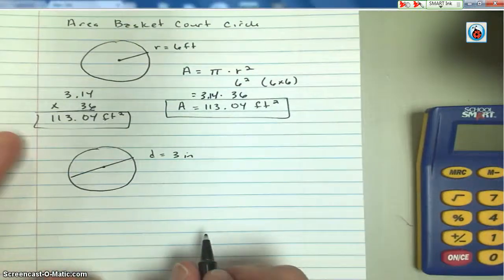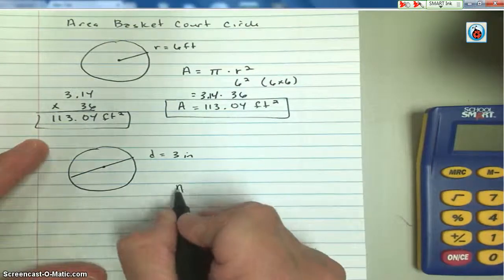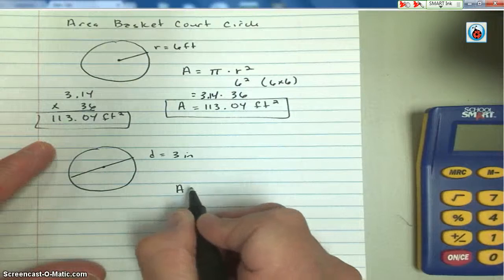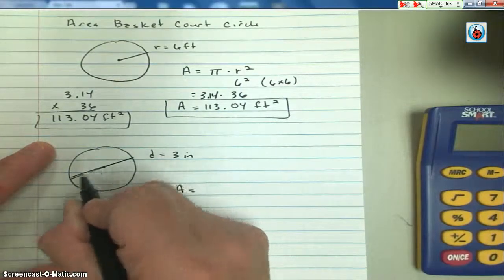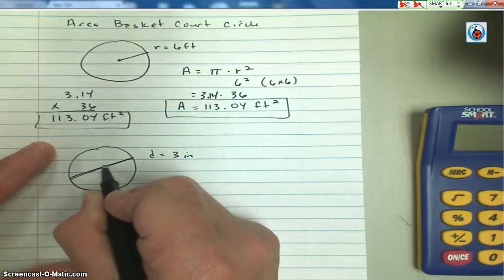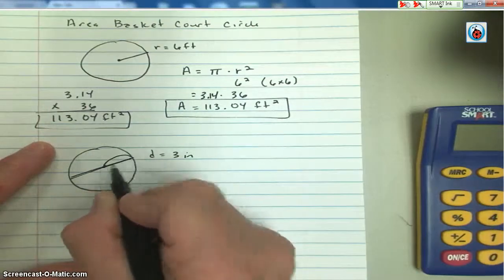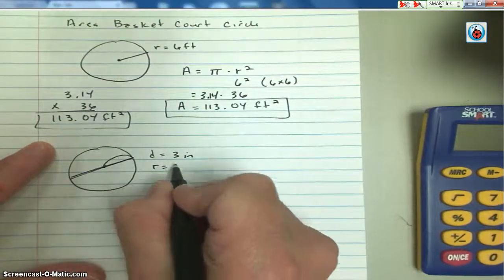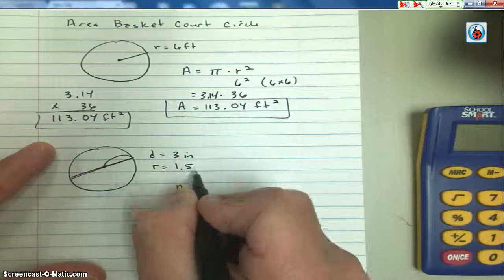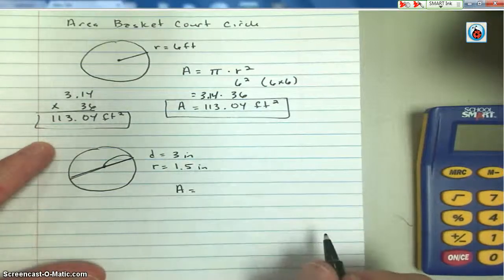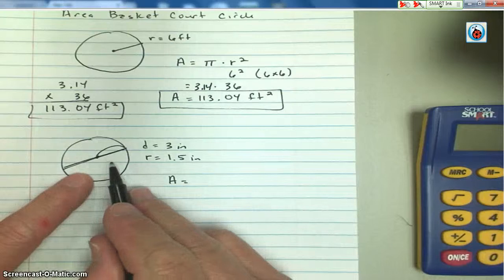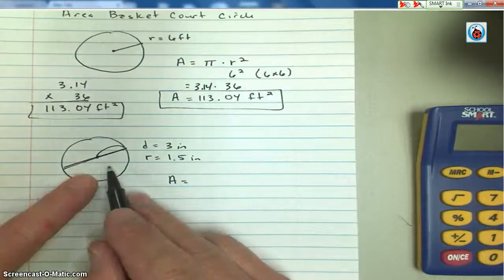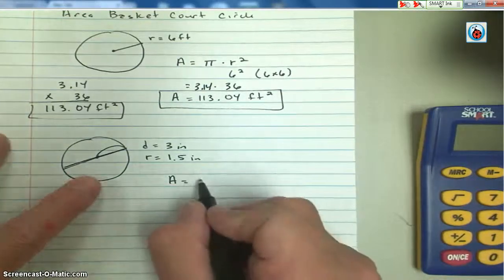But we want to calculate the area, so in order to calculate the area, we need to find the radius. If the diameter is 3 inches all the way across the circle, we know that the radius, half of that, is going to be 1.5 inches. So even though we were only given the diameter, we can figure out the radius from that. And so we apply our formula.